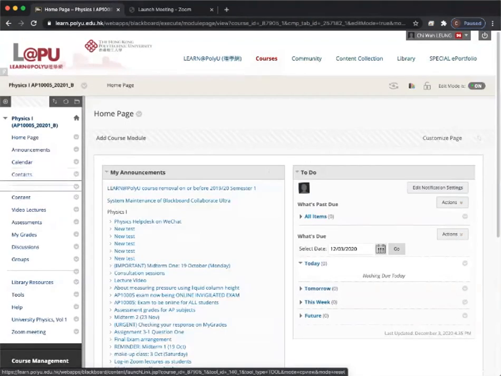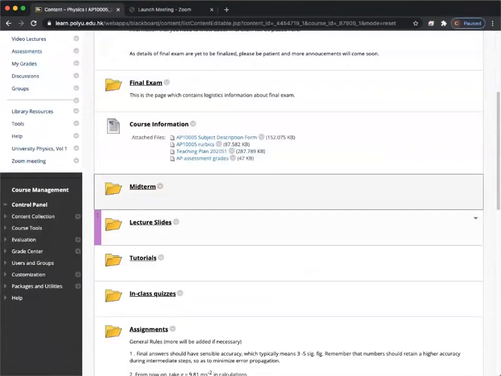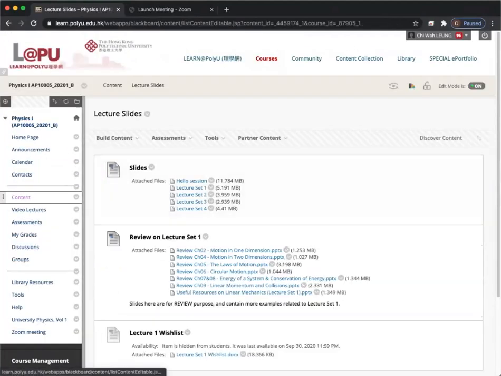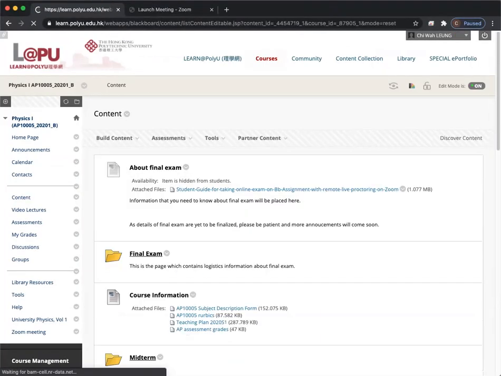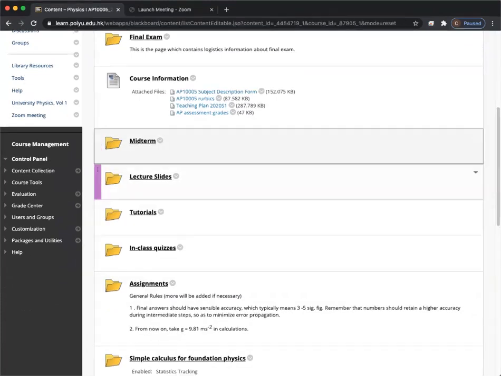All the materials should be available on the lecture slides, of course. Remember there would still be assignments that you have to finish.